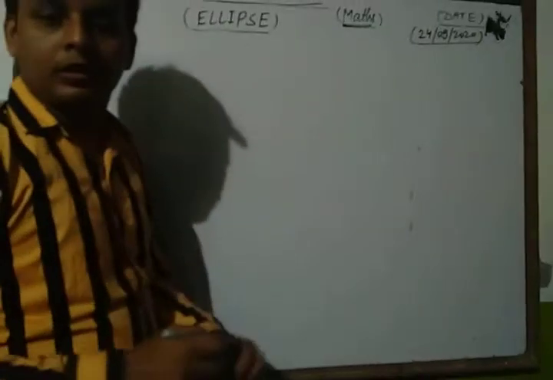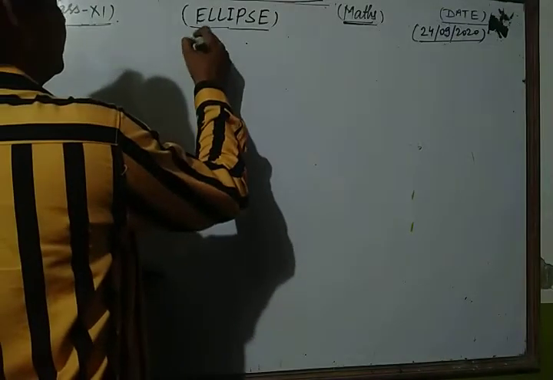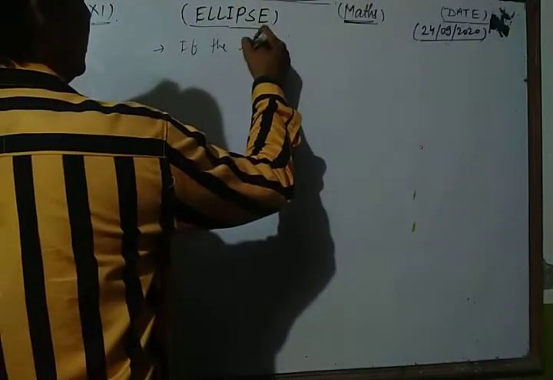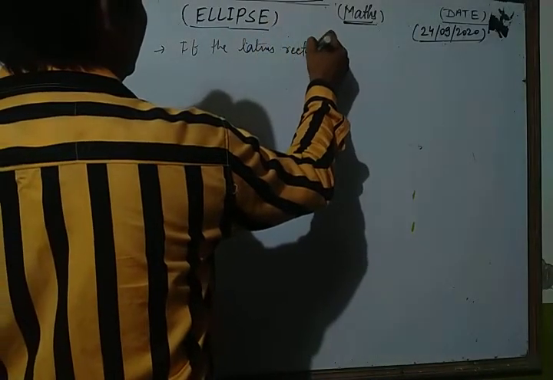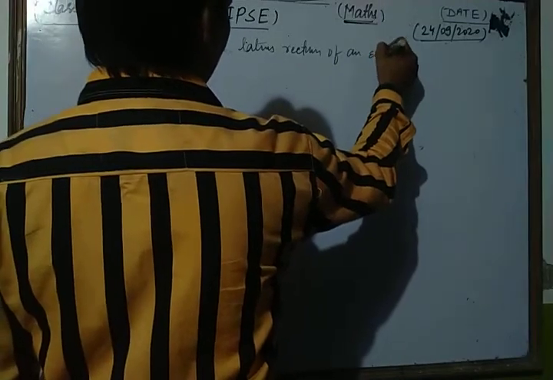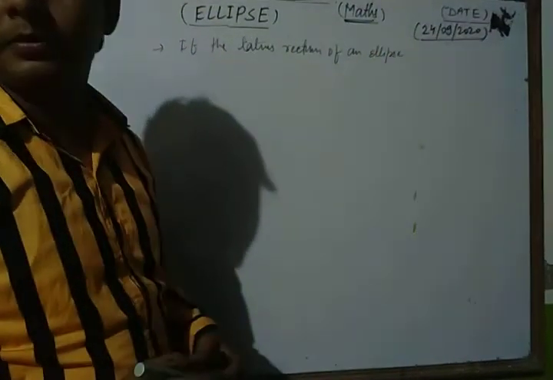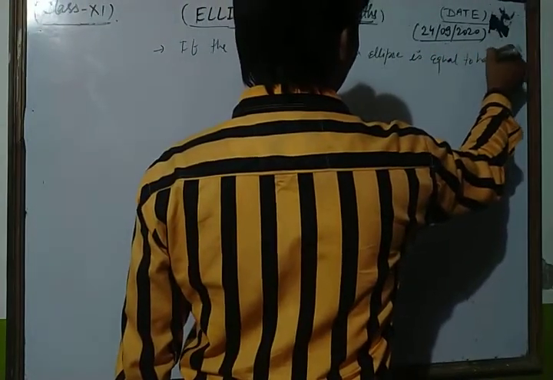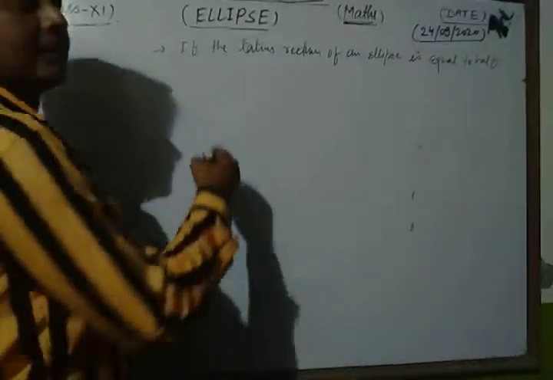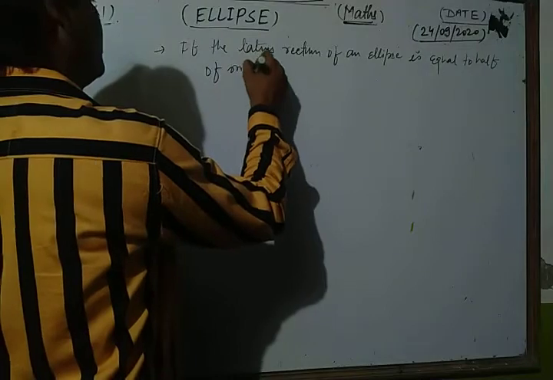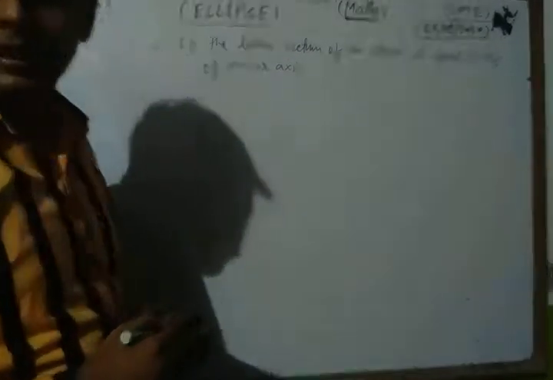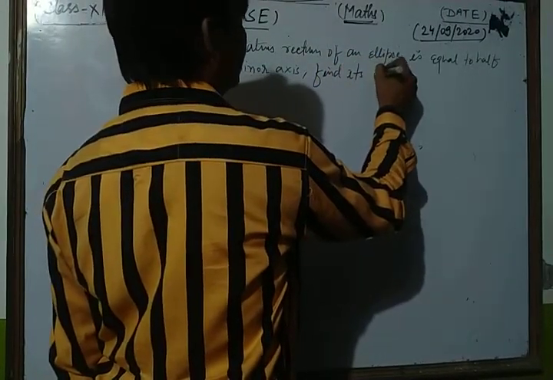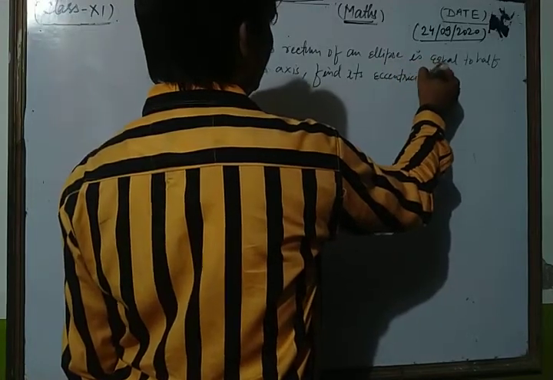Now look, if the latus rectum of an ellipse is equal to half of the minor axis, find its eccentricity.